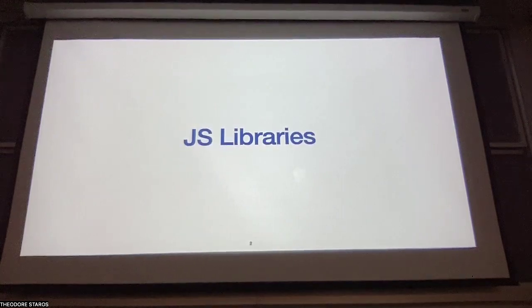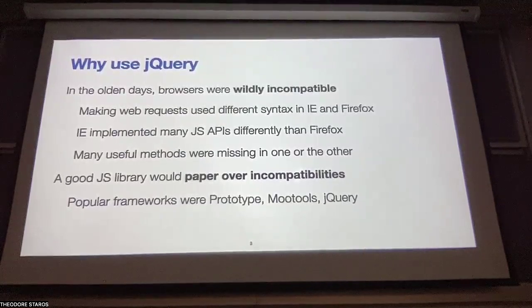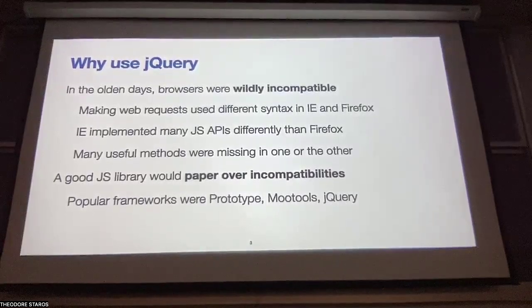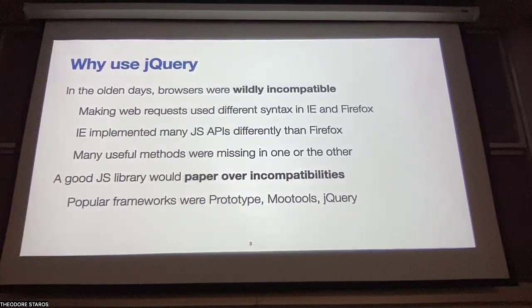So before we dive into the library itself, let me give a quick preliminary of why we're using this library called jQuery. It starts in the deep mists of time, which I think is like 2008, right? Back in those days, browsers were totally incompatible with each other in a lot of ways. A lot of APIs were just different browser to browser, Internet Explorer and Firefox, with totally different ways of doing the same operation.